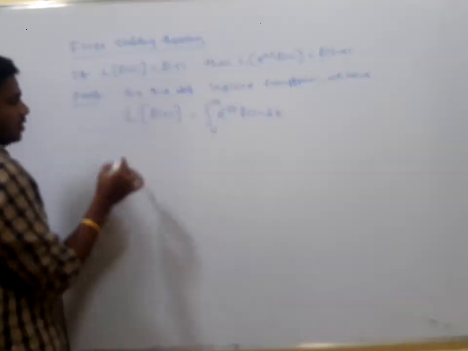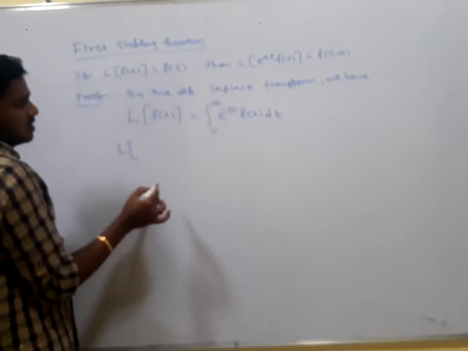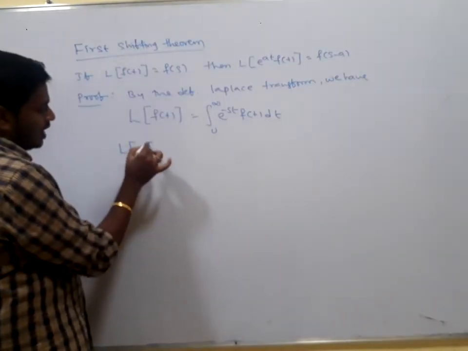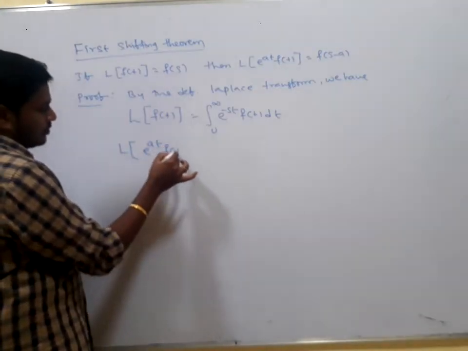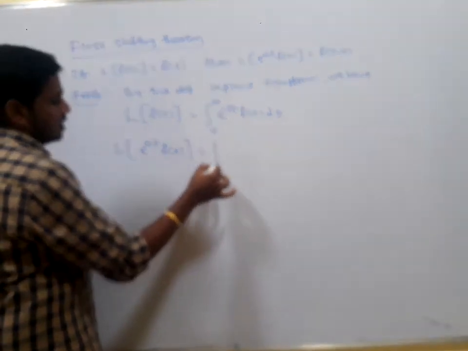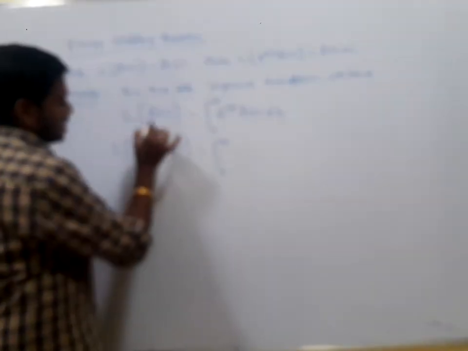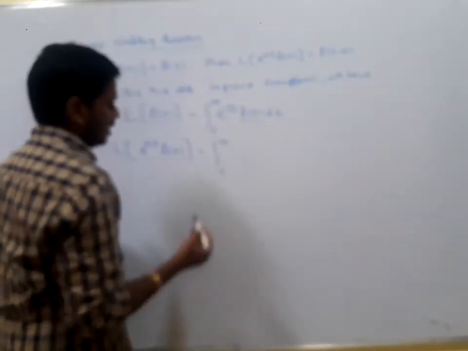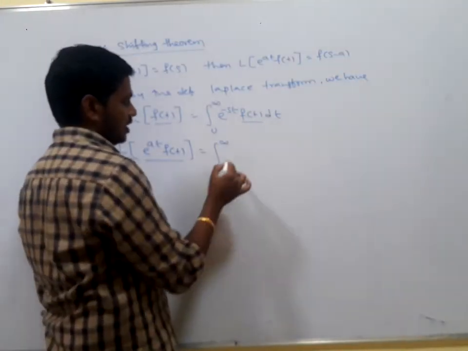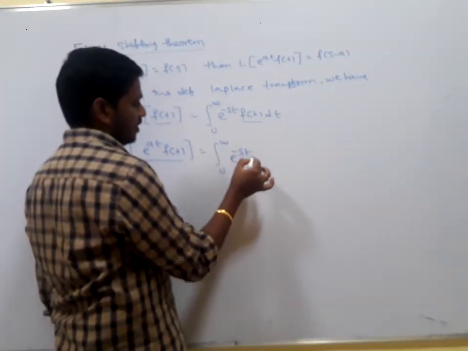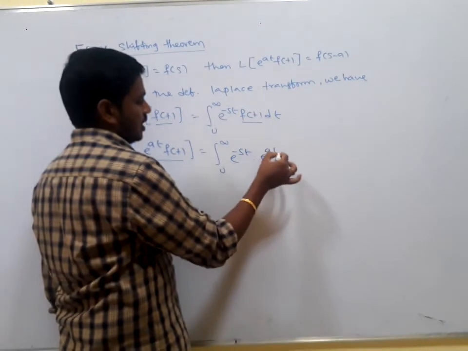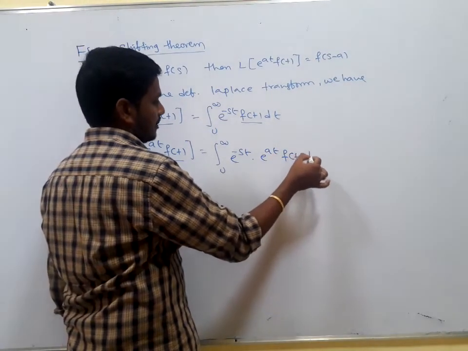Right, now I am going to take Laplace transform. Input is what? e to the power of at into f of t, which is equals to integral 0 to infinity e to the power of minus st into e to the power of at into f of t dt.